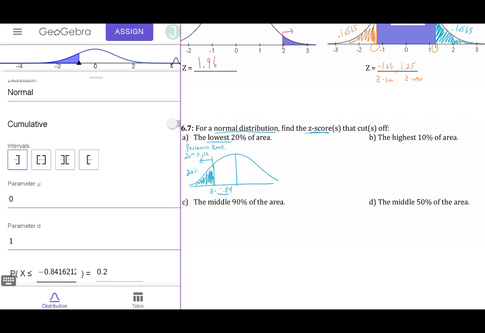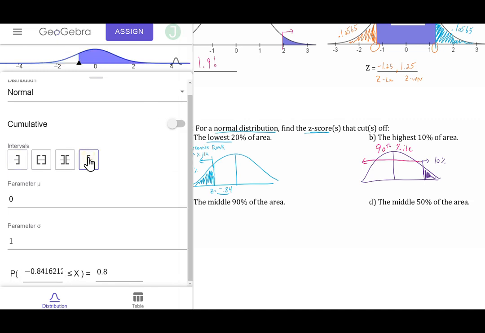For part B, it asks for the highest 10% of the area. The highest 10% of the area would be way over here, which is essentially asking us to find the 90th percentile. Doesn't really matter if we think about this in terms of percentiles or not.